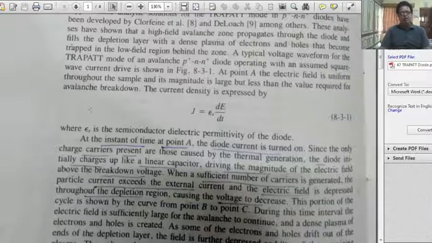The value is not sufficient for breakdown.